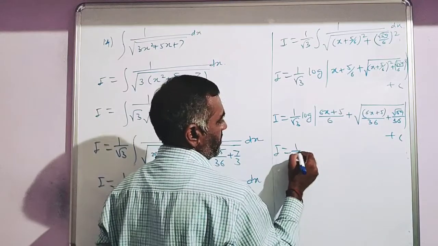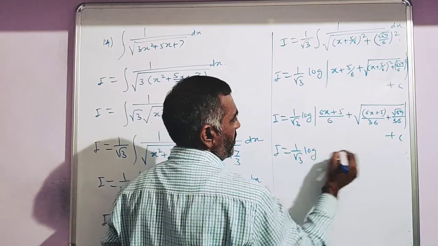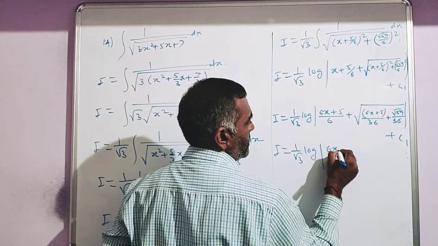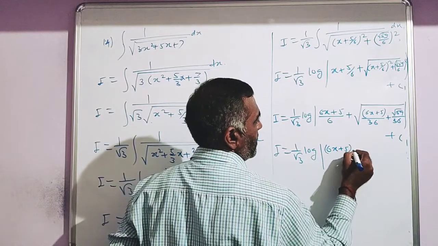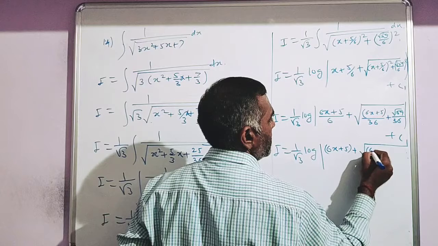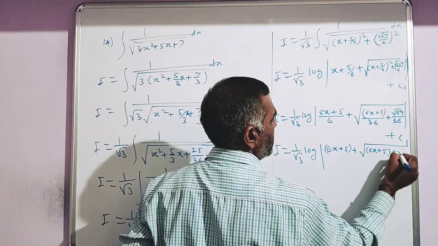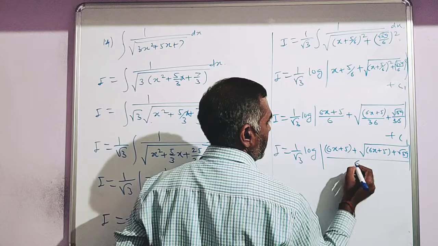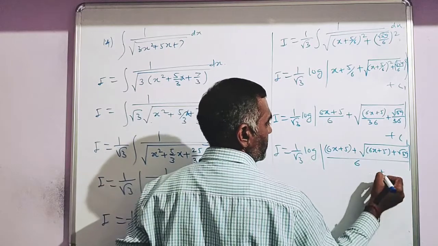I is equal to 1 by root 3 log of mod of 6x plus 5 plus under root 6x plus 5 plus under root 59, whole divided by 6, plus c1.